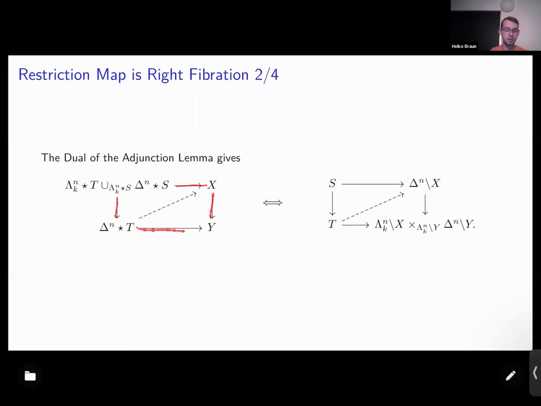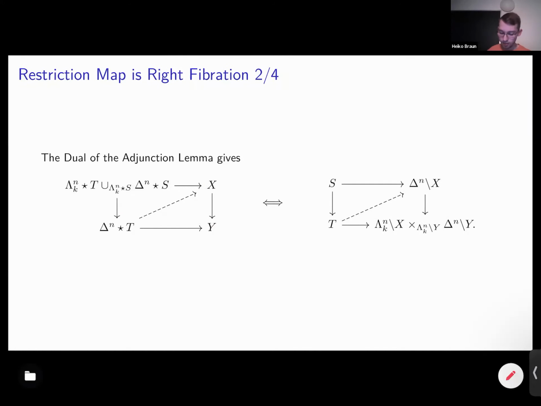So the lifting condition is not necessary to consider in either of these. It's just not relevant. So we can now use the dual adjunction lemma and put the delta n's to the other side. And now we have this S to T here.